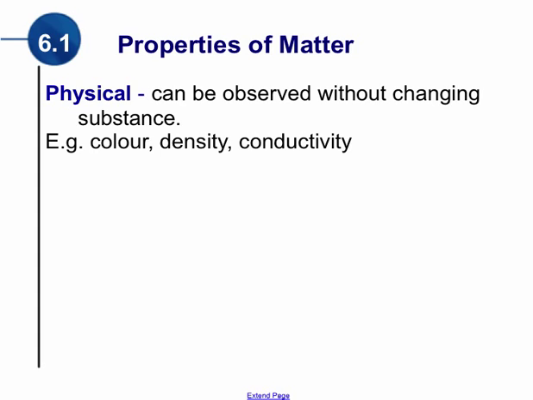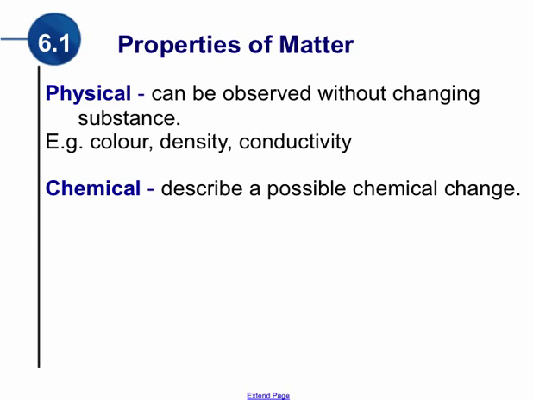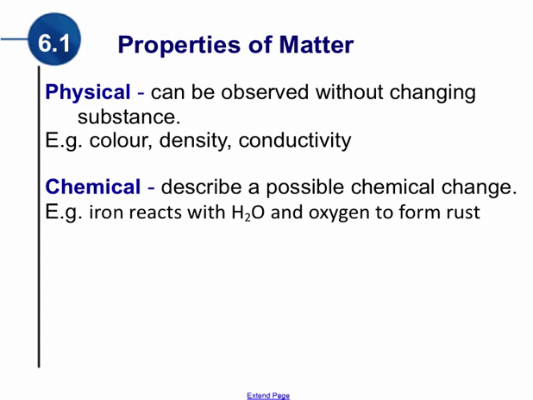And if we're not talking about the physical properties of a substance, we could discuss the chemical properties of the substance. And substances, based on their chemical properties, will actually undergo a chemical change. An example here could be the chemical property of iron.